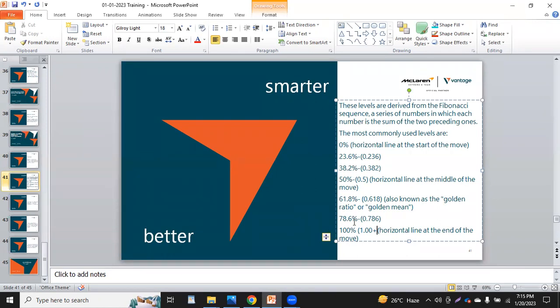GBP USD is mostly the pair I have seen that uses 78.6. The other pairs, Euro USD uses 61.8 most of the time. It uses 50% sometimes. And then USD JPY uses 50%. USD CAD uses 50%, right?